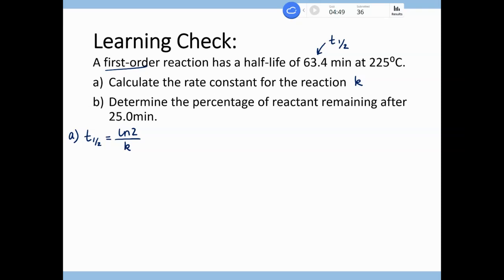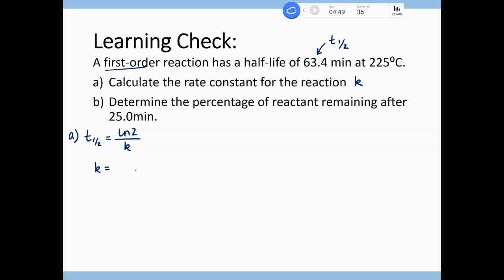In this equation, the only variable that we don't have a value for is k. That's what we're solving for, so that's perfect. I'll rearrange first, and then we'll plug in values for the half-life and calculate natural log of 2, and we'll get k.